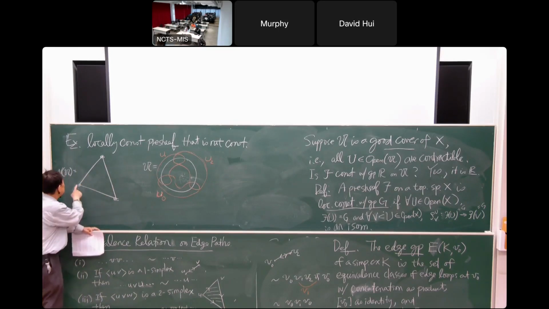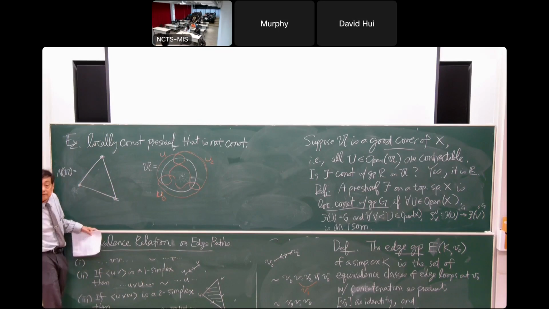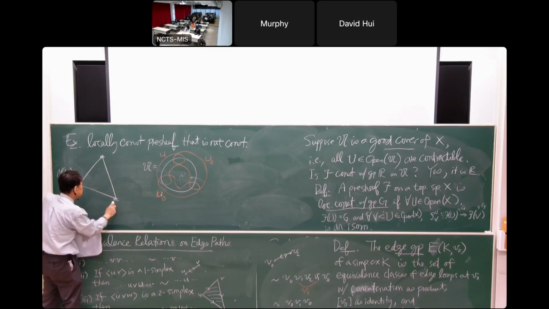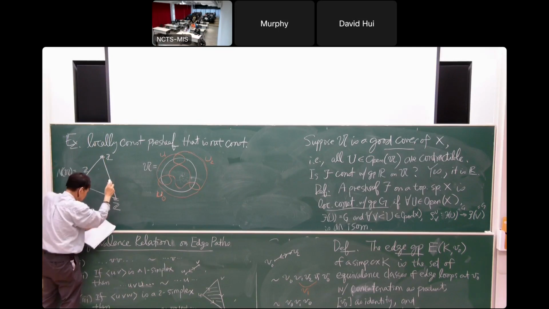You got 3 open sets and then 3 non-empty intersections. And so a presheaf associates to each open set a group and each intersection a group.